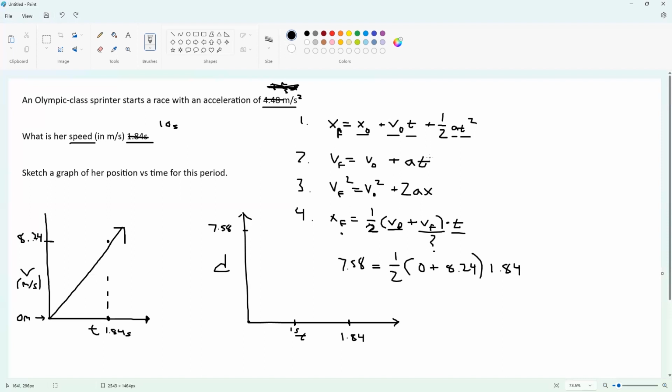I was thinking, why don't we use the second equation, because we're looking for final velocity already, and that's what it's looking for. What's wrong with the first equation?